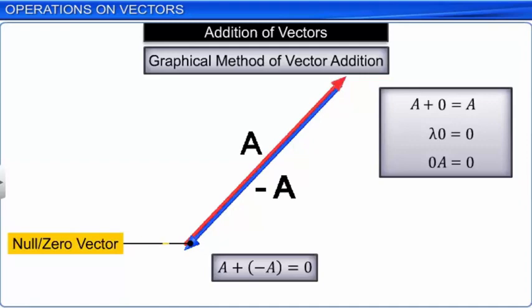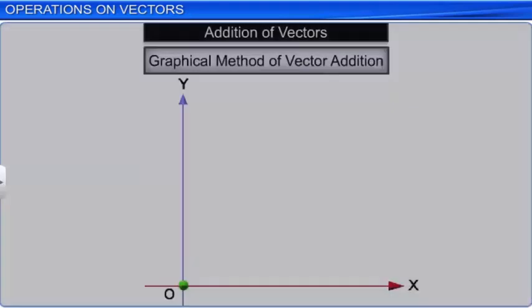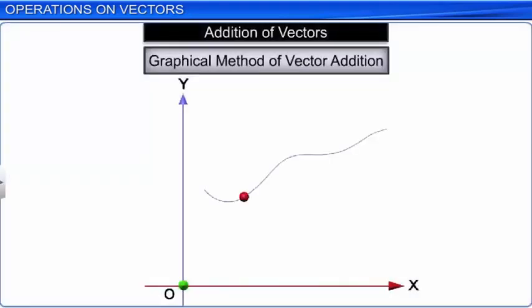Consider a body occupying position P with its position vector r at time t. From time t to t dash, it moves from position P to P dash. Its position vector at time t dash is r dash.